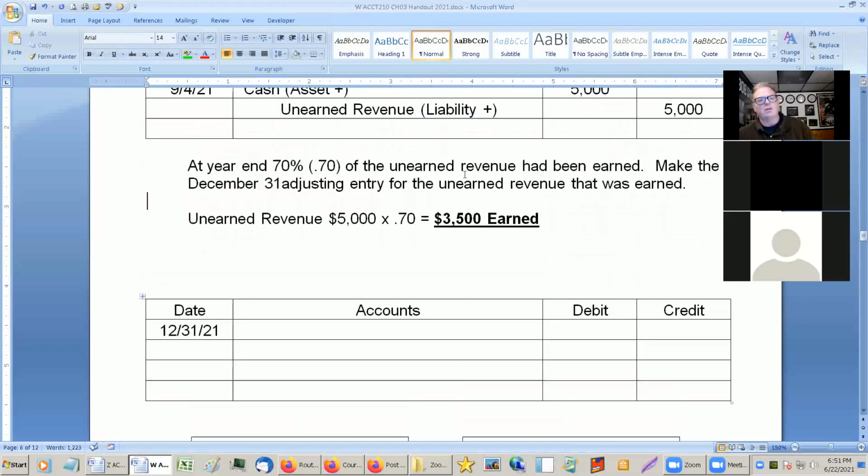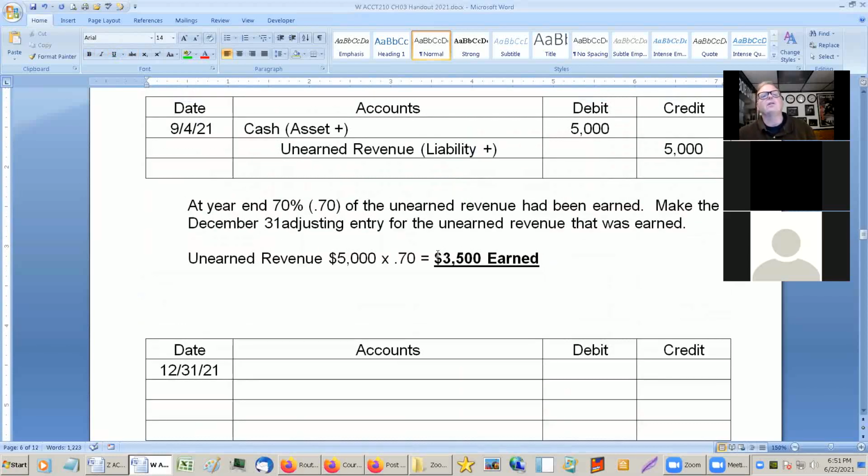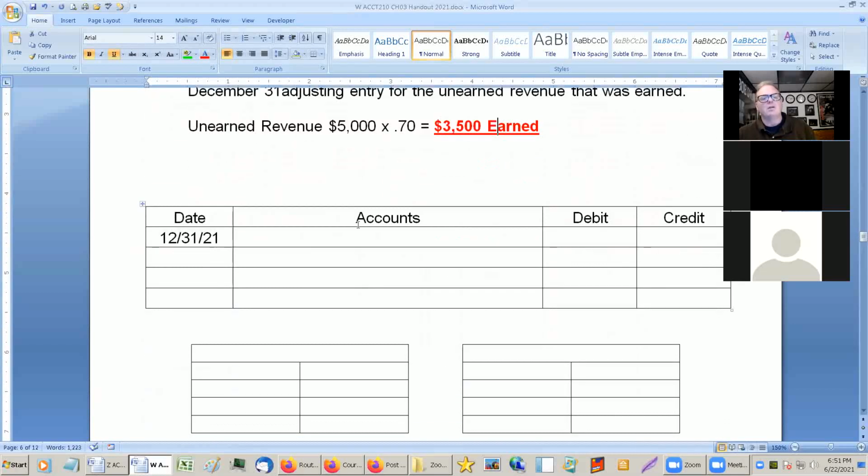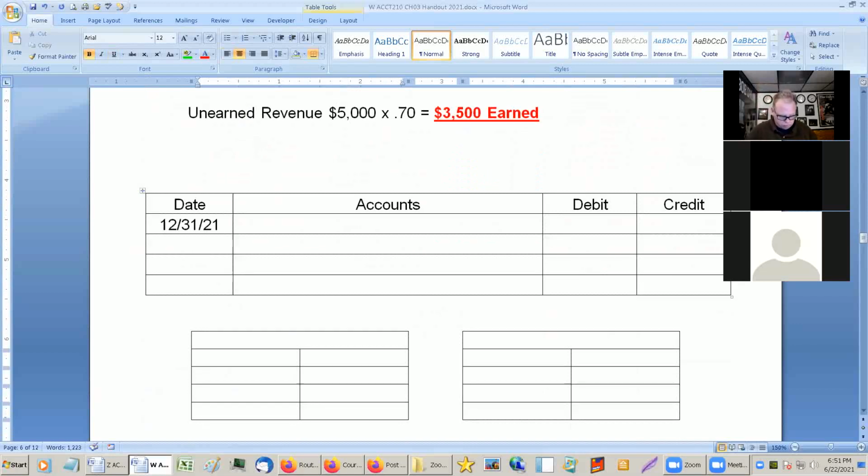Okay, so they earned 3,500. Hey, that didn't work out right. Supposed to get red. Speed kills. All right.